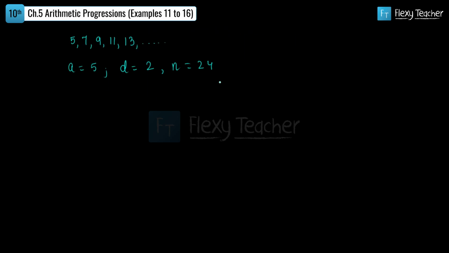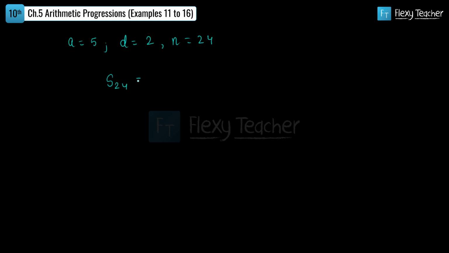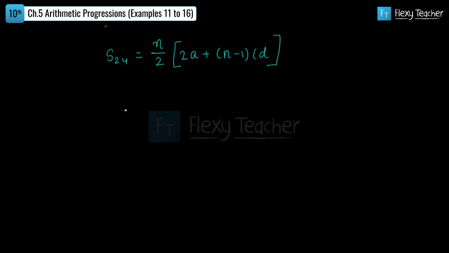Okay, so sum of the first 24 terms यानी कि S24 is equal to n upon 2 into bracket 2a plus n minus 1 into d bracket closed. Okay, so n is 24 upon 2.